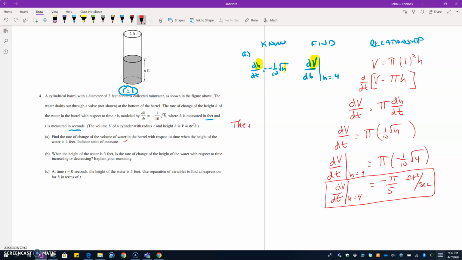The rate of change of the volume of water in the barrel with respect to time is negative pi over 5 feet cubed per second when h equals 4.